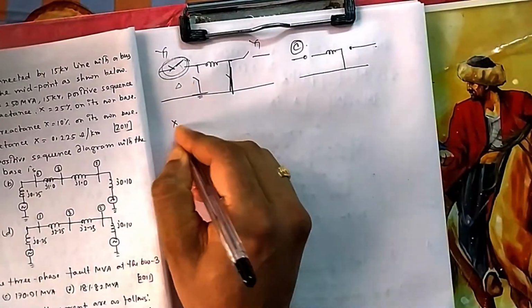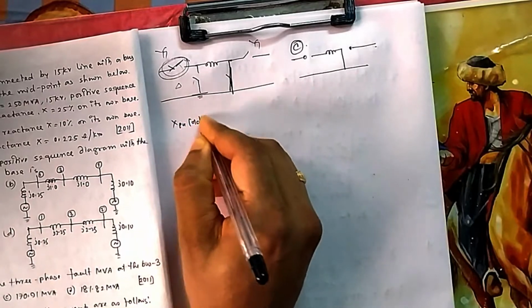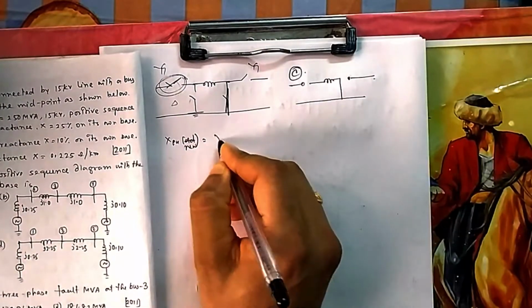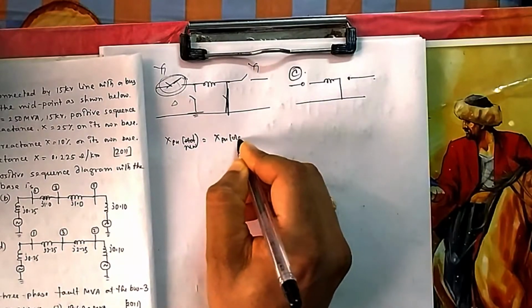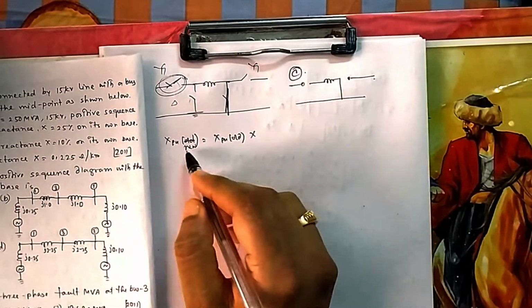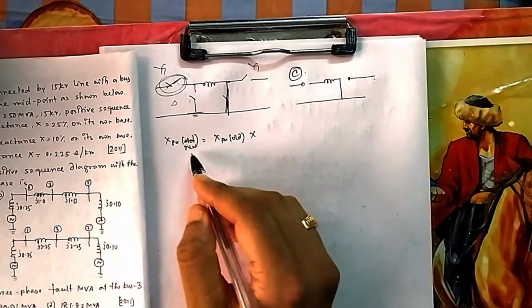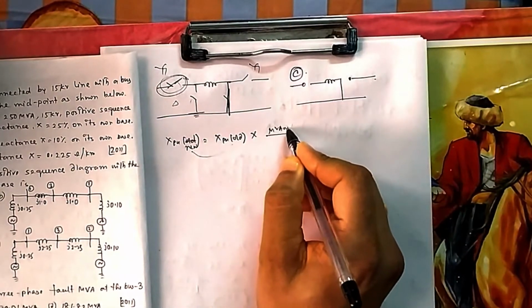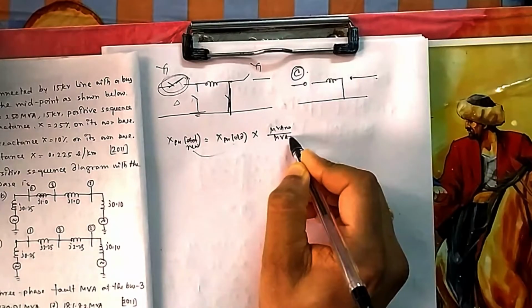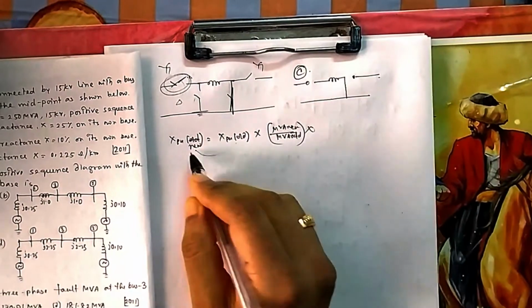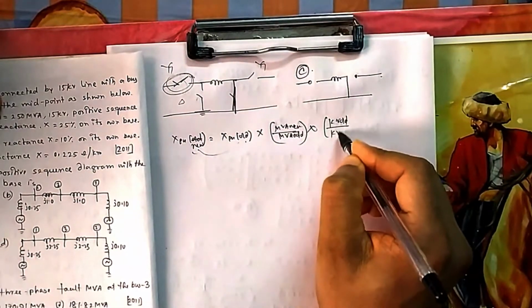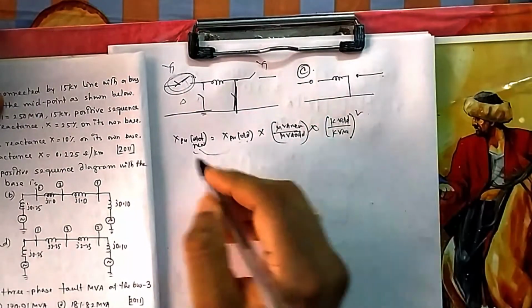This was the formula for the per unit system. Suppose X per unit old, we need the new one. I told you to remember this formula in switchgear protection. X per unit new equals X per unit old times MVA new over MVA old, times kV old over kV new, whole squared.